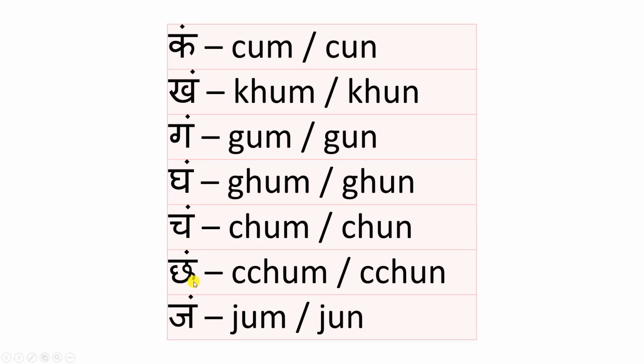So all the consonants with a dot above them are the ones in the last but one position. Now, this particular letter, K with a dot above it, has two pronunciations: one is kam, another is kan.